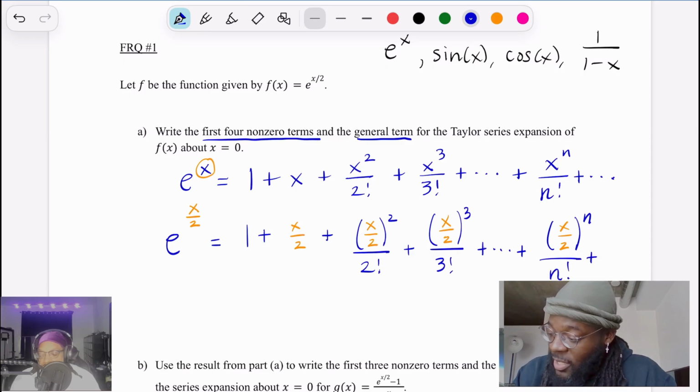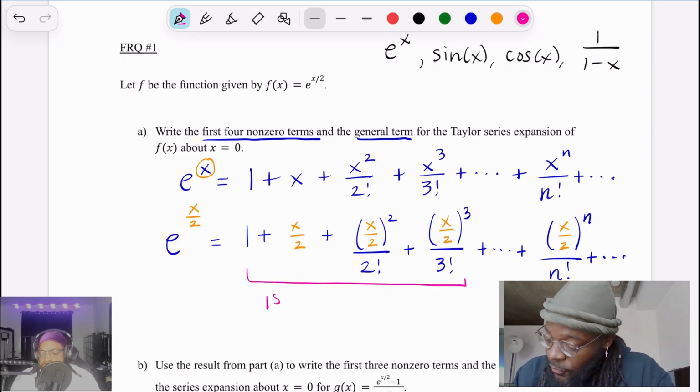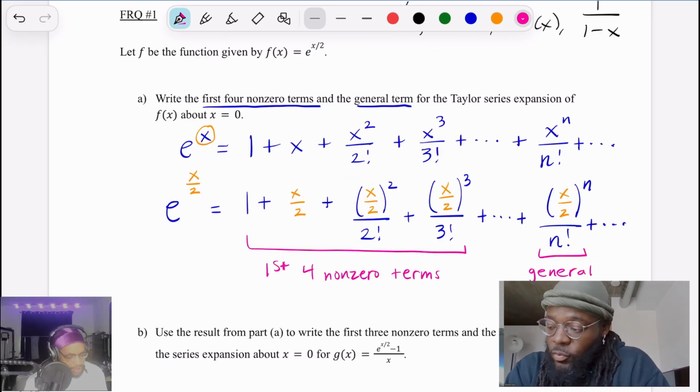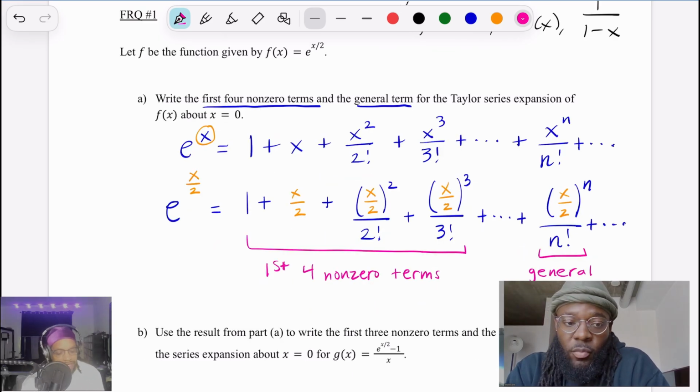And don't forget your plus dot dot dot at the end because this is an infinite series. So this would be the first four non-zero terms and the general term for the Taylor series. How did I do in part A, Mr. Almer? So as I look at the answer key, exactly what you have, including the plus dot dot dot.